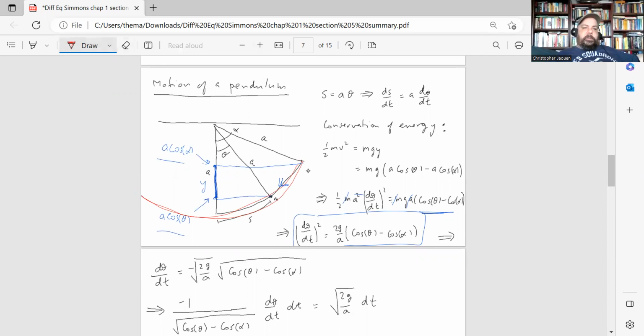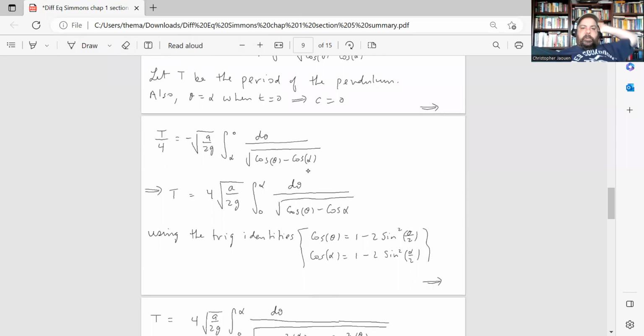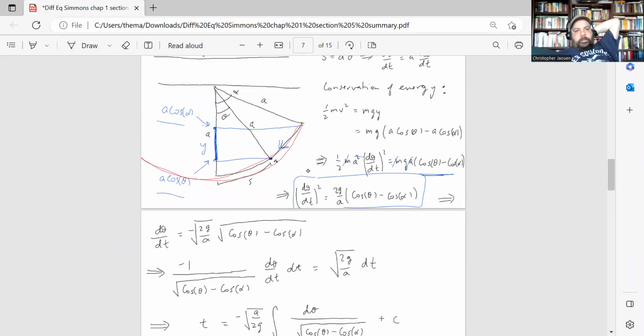That's the period of the pendulum. Okay, so if we just look at going from alpha to an angle of 0, that's 1/4 of the period.